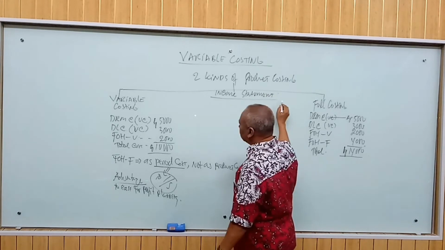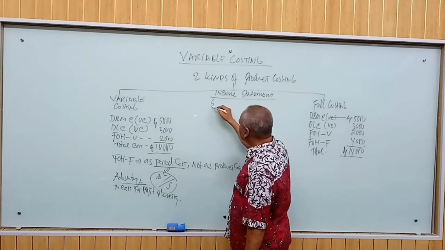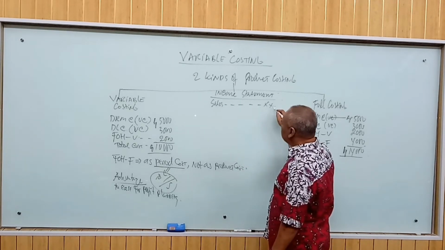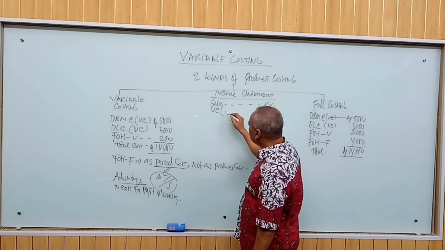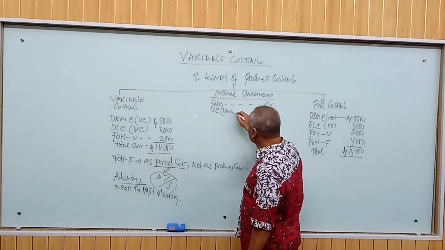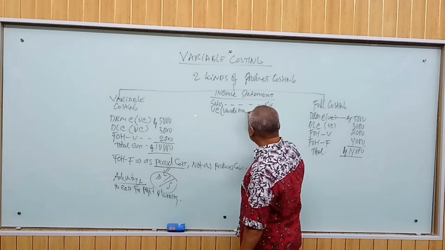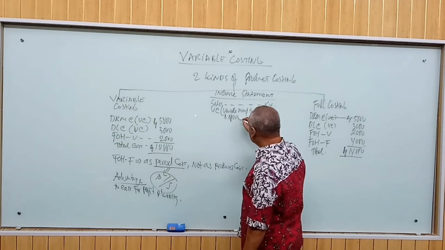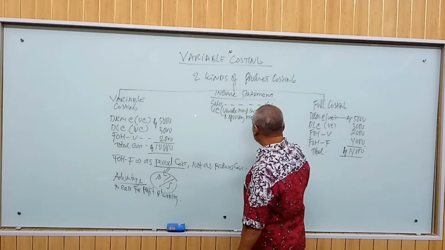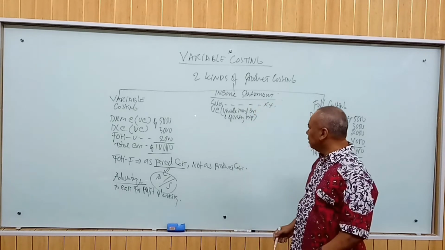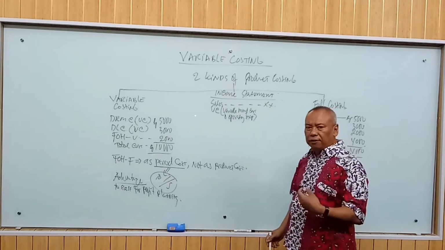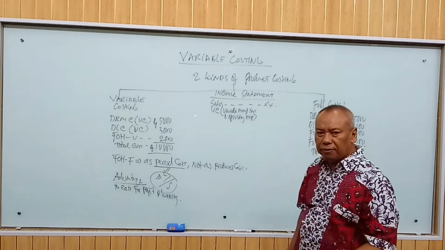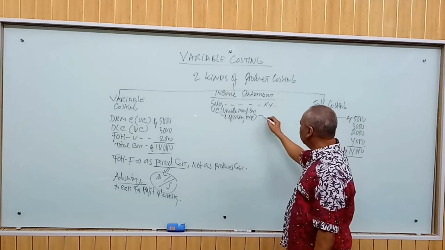If we are using variable costing, this is sales, and then minus variable cost. Variable cost in this case is variable manufacturing cost and operating expenses. Operating expenses in this case consist of the marketing expenses and administrative and general expenses.